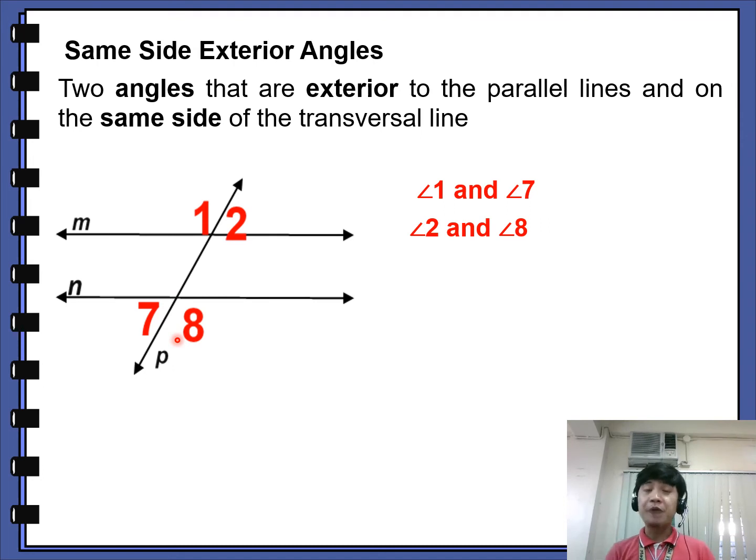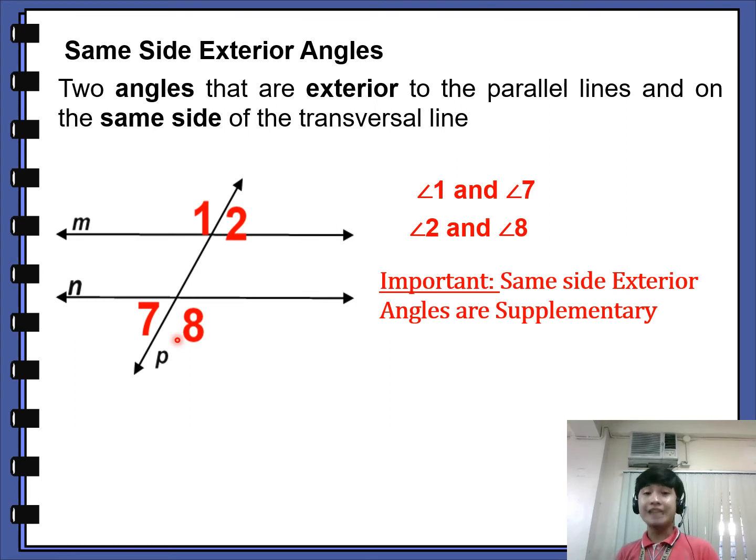So, kung meron tayong property na tinatandaan din sa same side interior angles, we also have a property to remember when we are dealing with same side exterior angles. Always remember that same side exterior angles are supplementary. So, when we speak about supplementary angles, these are two angles whose sum is equal to 180.